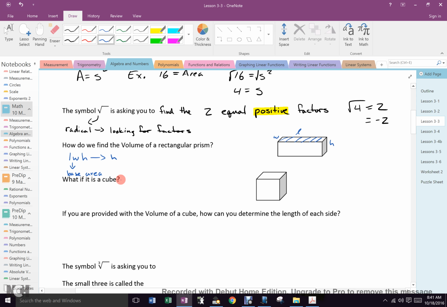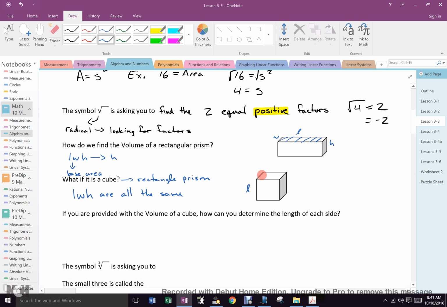So, if it's a cube, it's still a rectangular prism, but L, W, and H are all the same.